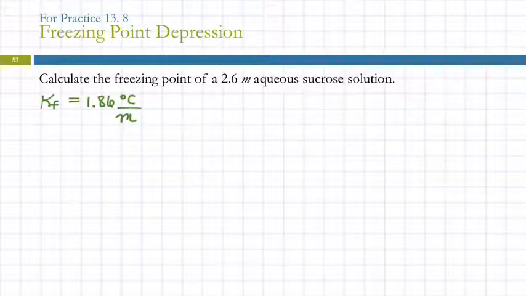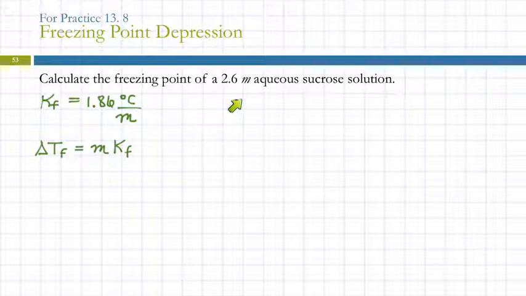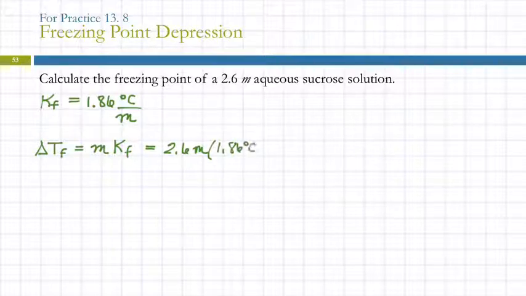The equation that we need is the change in the freezing point is equal to the molality times Kf. Well, here we're given the molality, 2.6 molal. So we plug that in, 2.6 molal times the freezing point depression constant, 1.86 degrees Celsius per molal.